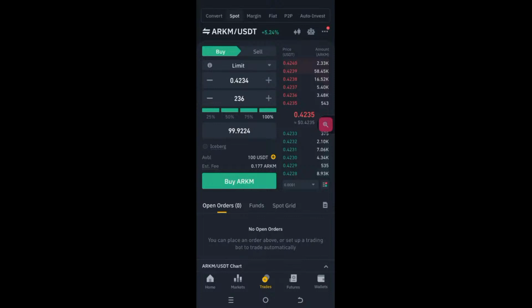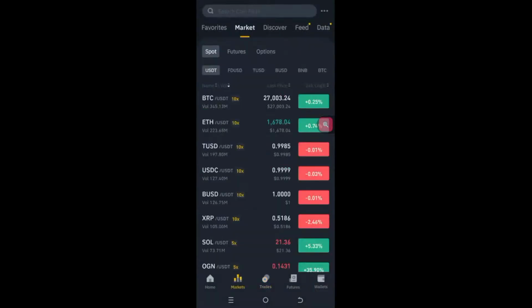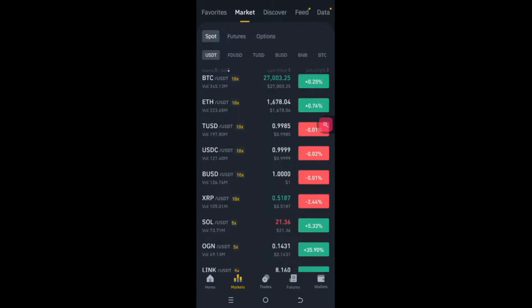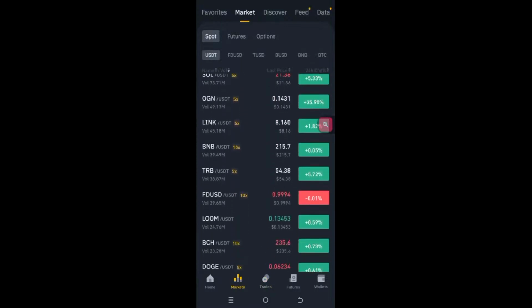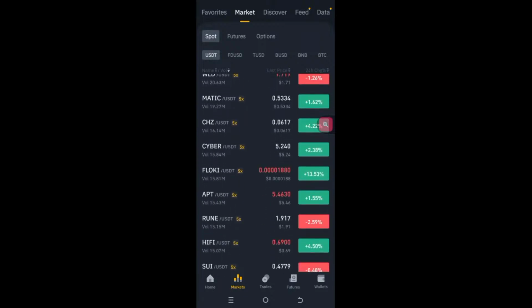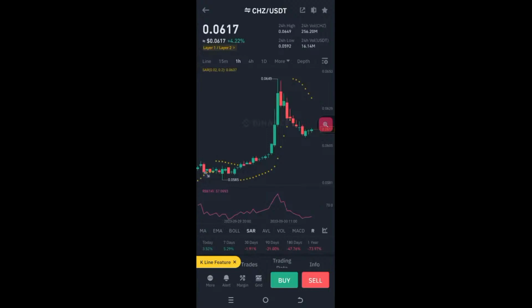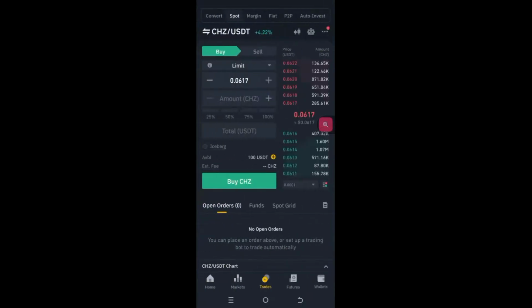So let's look at a smaller price coin. Let me go back to markets and look at another one that's cheaper. Let's look for one that's less than 10 cents. Okay, look at this one. This is CHZ. It's 6 cents. If I try to buy this and I pick 100%, can you see now I have 1,620 pieces of CHZ.